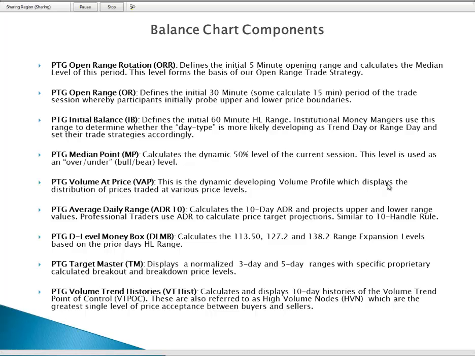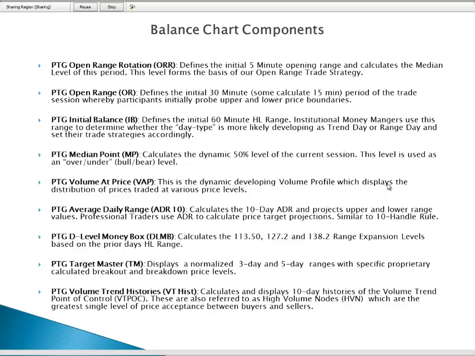The next one is fairly simple. It's called the median point or the midpoint, and that simply calculates the dynamic 50% level of the current session. Now, this level is used simply as an over-under, or we can refer to it as the bull-bear line, all right, for the day. And as we've seen on many occasions, prices tend to return back to prior days' median levels.